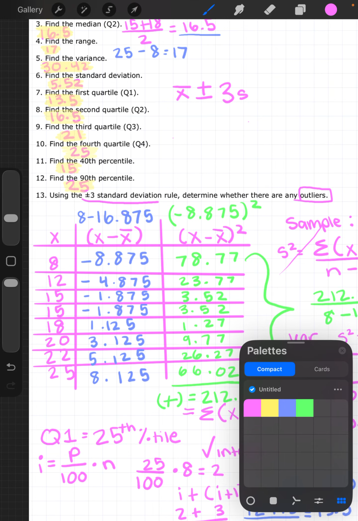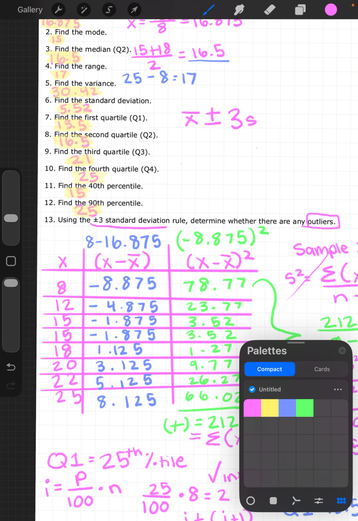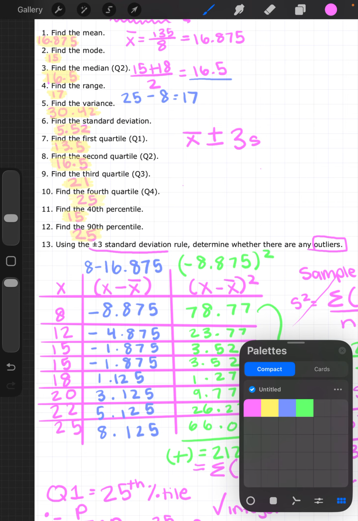So our mean is 16.875 plus or minus 3, and our standard deviation is 5.52.